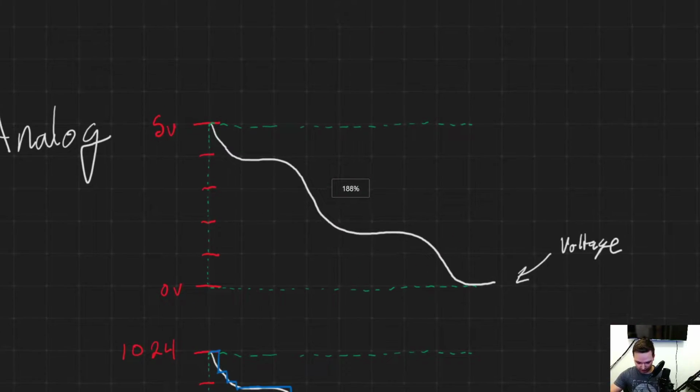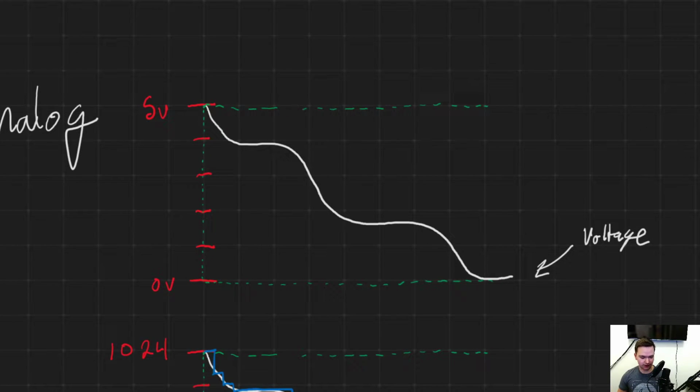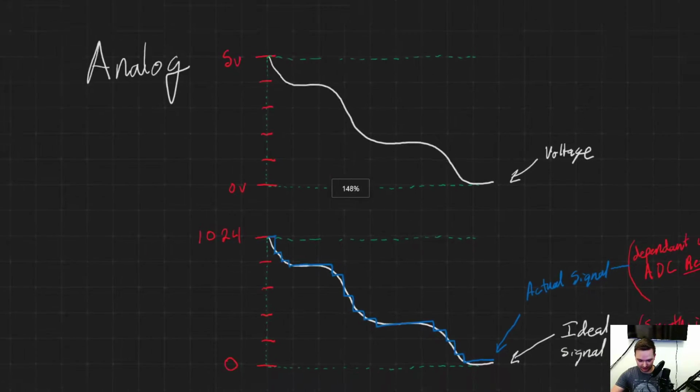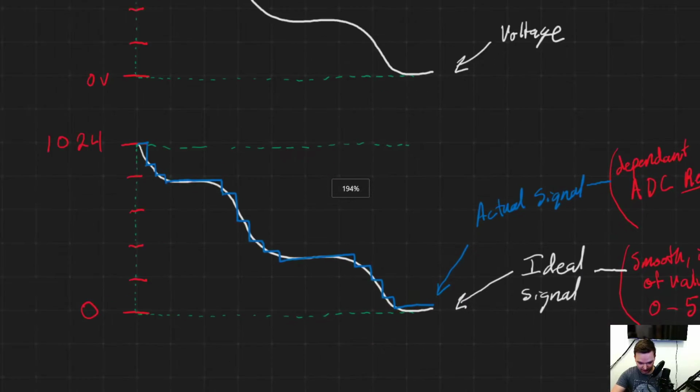So if we look at this first graph here and we say that white line is voltage, now we don't have any more unknown zones here between 0 and 5 volts. We can read all of it. And so we can tell you, yes, this is any one of these different voltages in here. So ideally, we would see a graph like this.